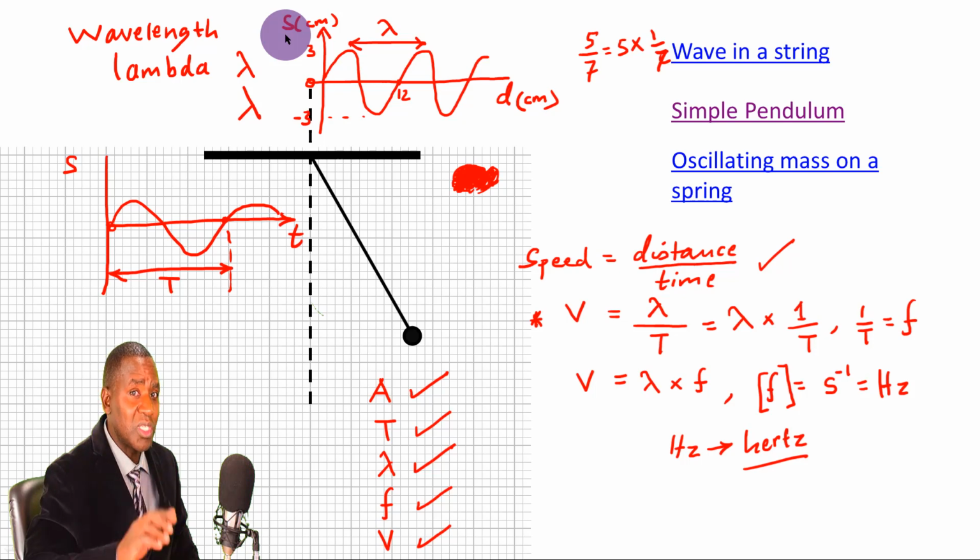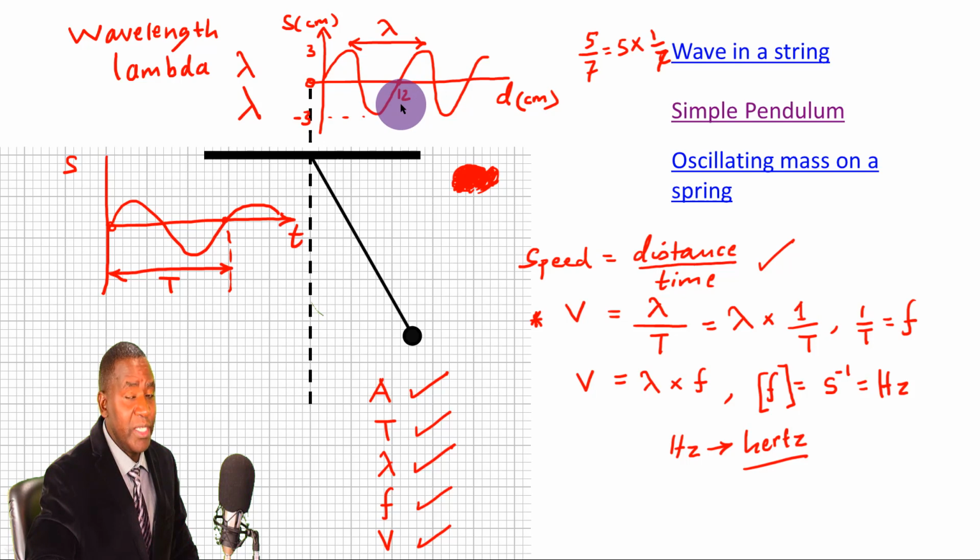So don't lose sight of that. So there are two physical quantities we can get from this graph. One, we can get the distance covered by the wave in one complete oscillation, which is referred to as wavelength. And we can also get the amplitude of the wave, which is 3 centimeters. That one is important. And you can see for a complete oscillation, the wavelength is 12 centimeters.